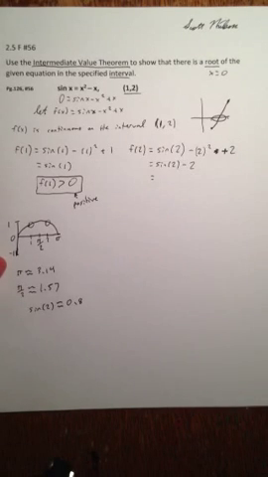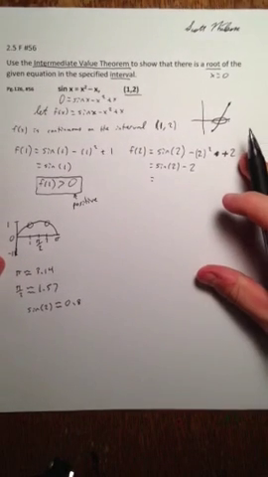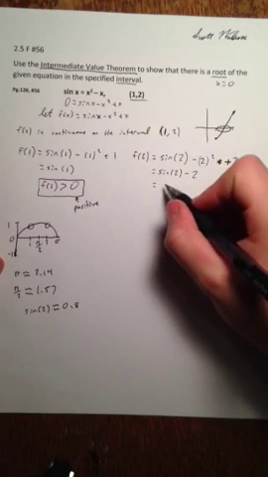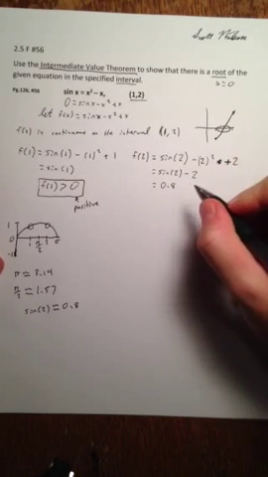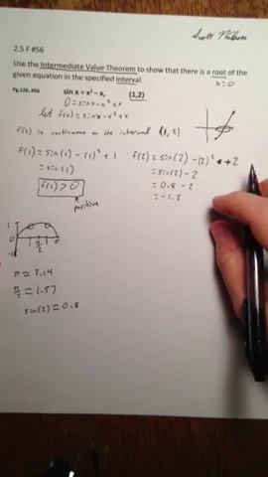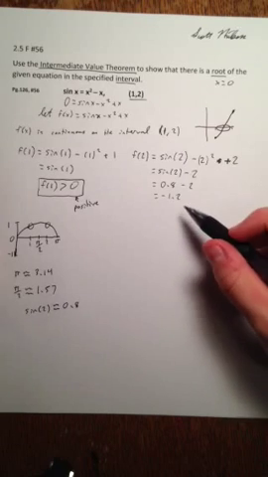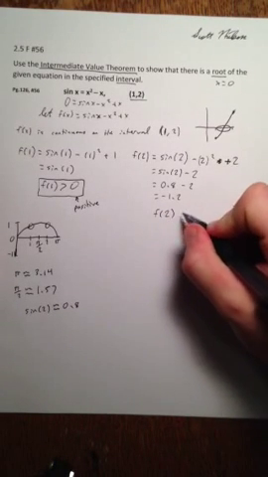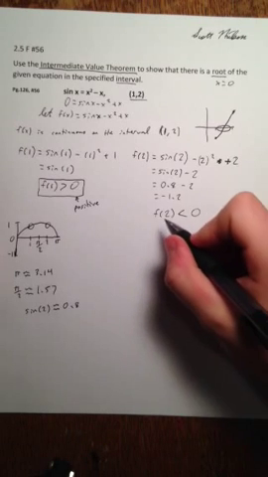All we know, the key point, is that it's between 0 and 1, and negative 2 is smaller. So 0.8 minus 2, we get negative 1.2. The main point is we got a negative number, so we can now write f of 2 is less than 0.